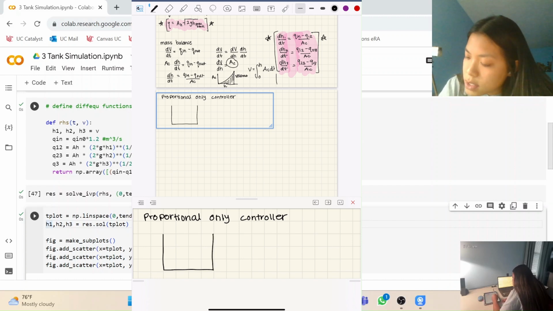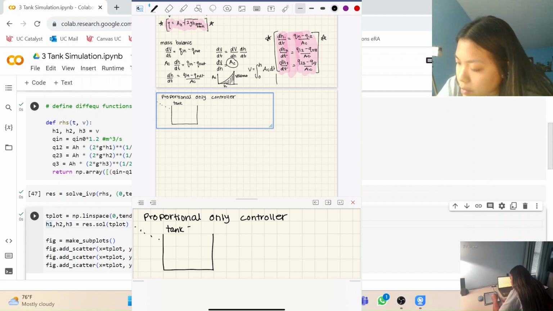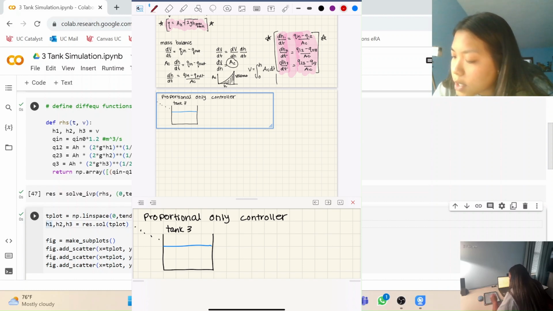And so to do this, basically, we have tank 3 here. And then we have all this stuff before tank 3, but we have tank 3 here with a fluid height in there. And let's say we want the fluid height to be here at this red line. If the fluid is below it, we want to up the flow in.